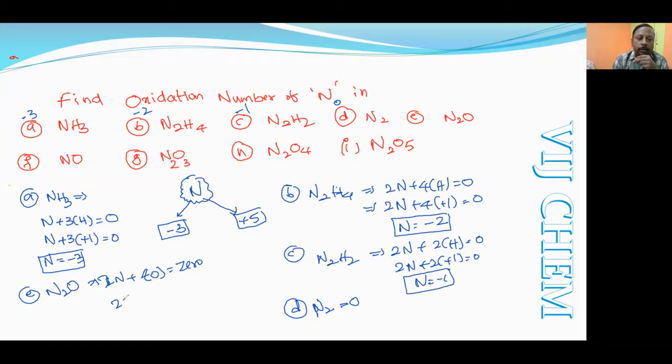So 2 into nitrogen plus oxygen charge will be -2 is equal to 0. So nitrogen will be +1. Up to here I think it is clear. Take a screenshot if possible. Otherwise, if you write it, then very well.